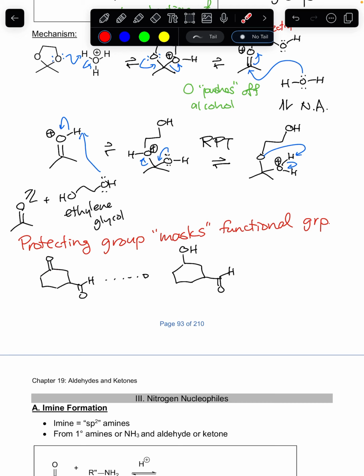If the reducing agent is going to react with either of these carbonyls, the first thing it'll react with would be the aldehyde, because remember, aldehydes are more reactive than ketones because they are more electrophilic and less sterically bulky. So how can we do it? One strategy might be to protect this aldehyde and leave the ketone exposed, then reduce the ketone to the alcohol, and then deprotect the aldehyde to get that back. That would be the idea here.